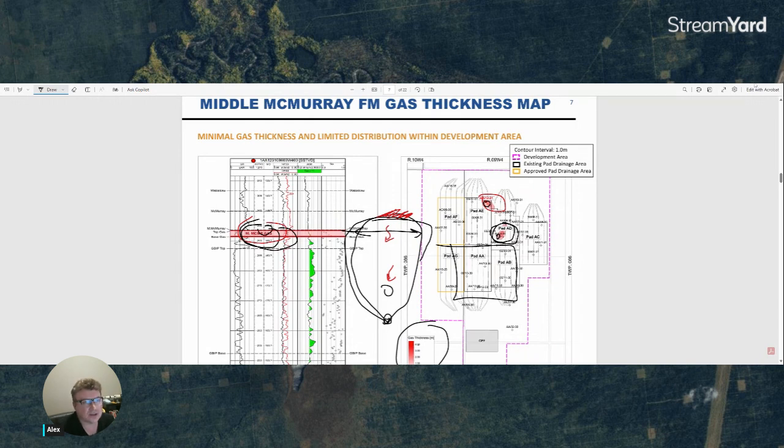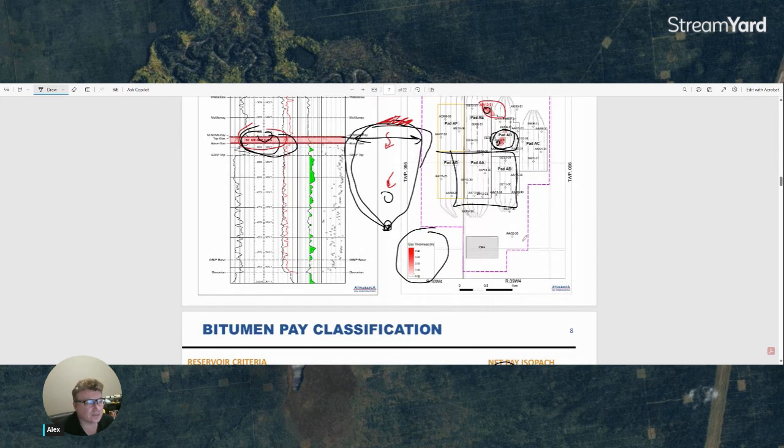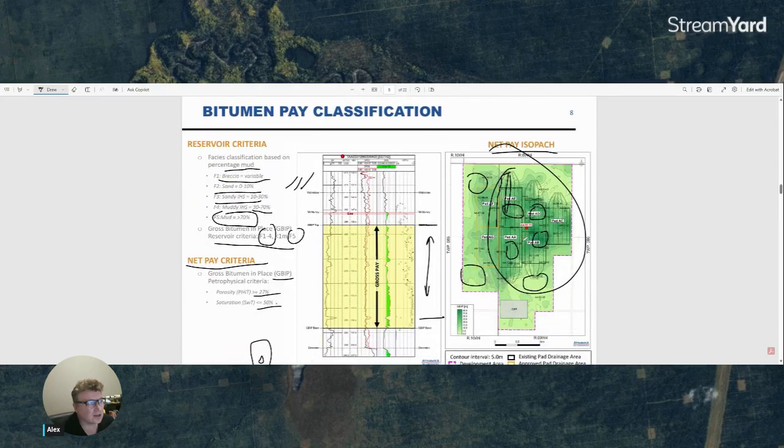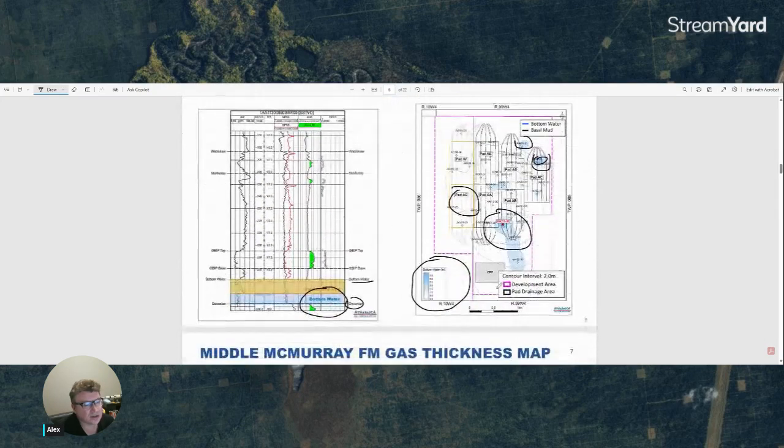The other metric that could be looked at is called SOR. So we talked about SOR, which is steam to oil ratio. WSR, water to steam ratio, is how much water you produce relative to steam injected. And that fits in the criteria of the bottom water interaction. Let's say in this example we have pad AC right here, and we have some water zone at the bottom.